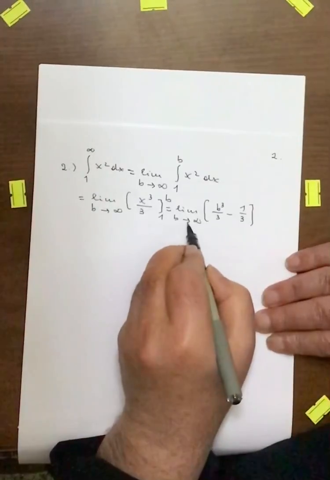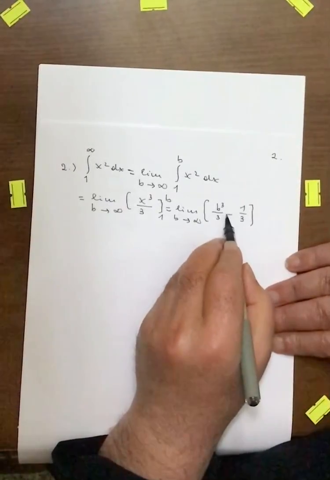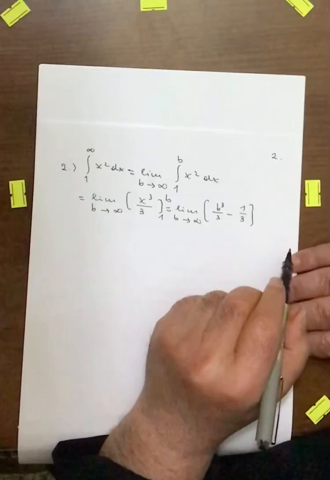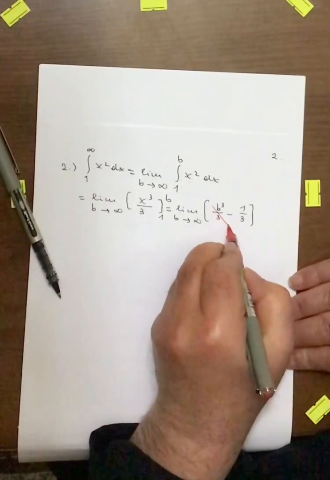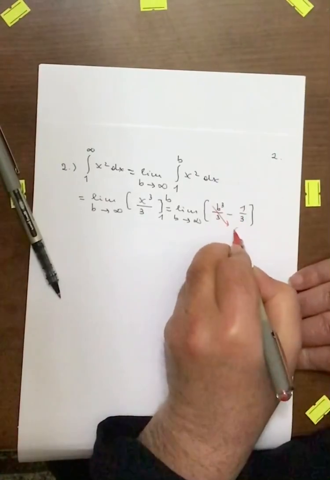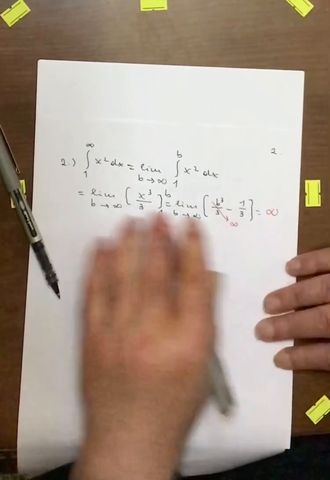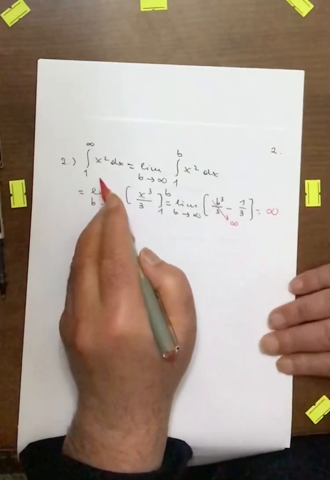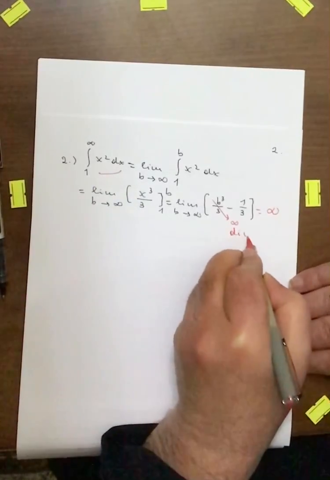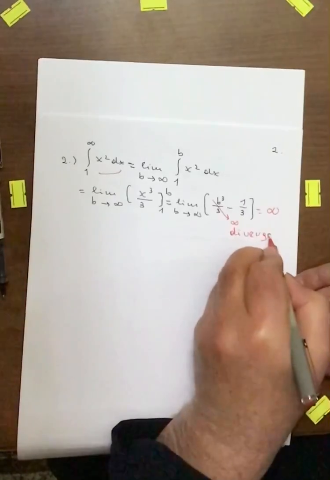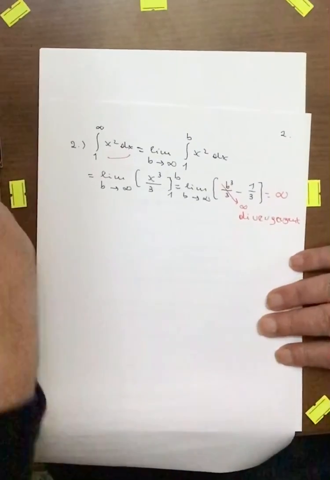As you can see, as b tends to infinity, b cube tends to infinity faster than b, and so this tends to infinity, and so our result is infinity. So our given integral is divergent.